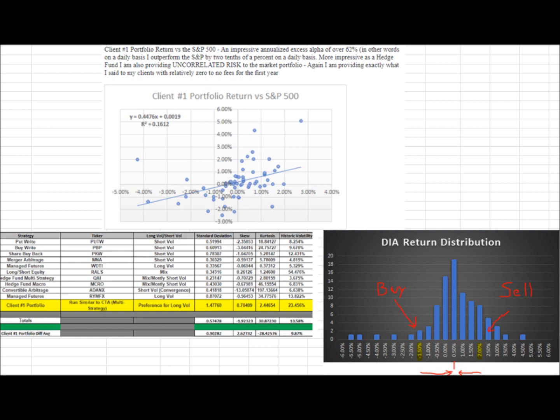And then on a one standard deviation move to the right side, you'll be in the market selling and taking profit. And hopefully in both cases, you're able to extract some sort of carry on what you paid for in terms of implied versus what you're receiving in terms of realized.